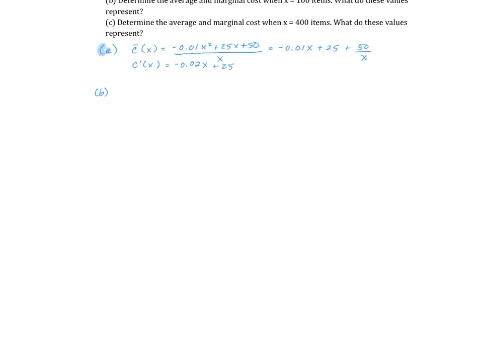So it's going to be the average cost to produce one item if we're producing 100 items, and the marginal cost would be the cost for the 101st item. So the average cost, if X is 100, we'll just plug that into our calculator to get 24.5. And the marginal cost, which is just the derivative evaluated at 100, comes out to be 23 in your calculator.